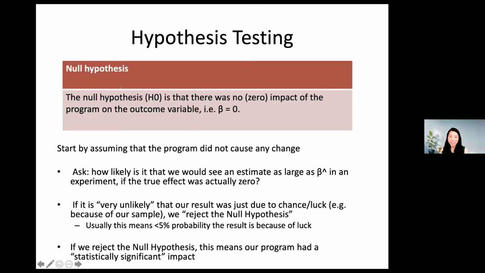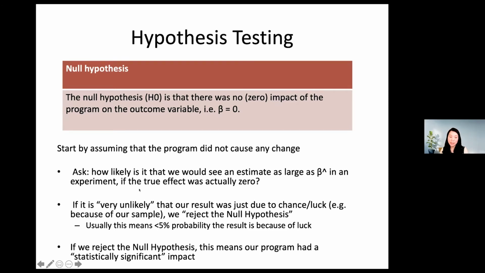Before we go to the testing part, I want to really highlight here the null hypothesis is that there is no impact of the program on the outcome, i.e. the true impact is 0, right? So we always start by assuming that the program, either it's eyeglasses or giving vitamin pills or a vaccine, does not have any impact or did not cause any change.